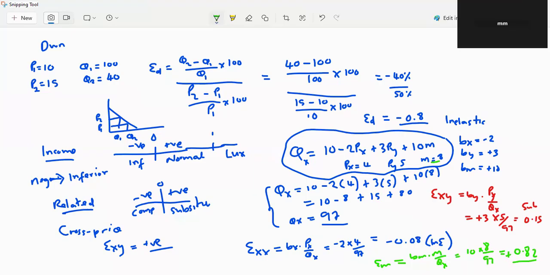So here it's able to tell that this is what? A positive income elasticity. So what type of a good is this when income elasticity is positive? Anyone? Is it a normal good or an inferior good?